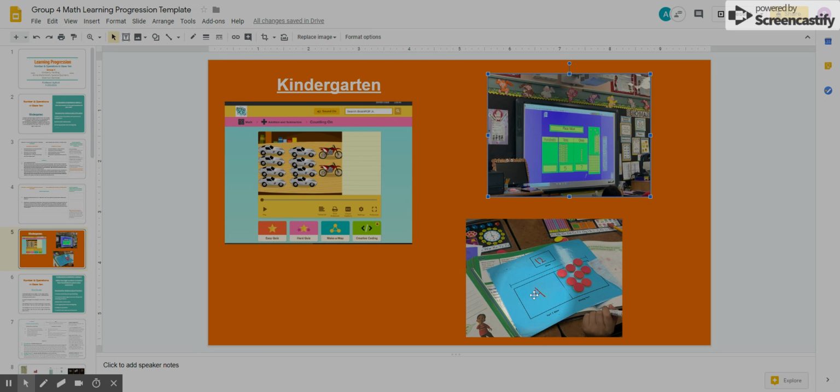The part that they know is 4, and they must use the strategy of counting on by adding physical tokens, counting on to reach number 12. Then they would count the total of tokens to get their answer. And that is for kindergarten, number base 10.